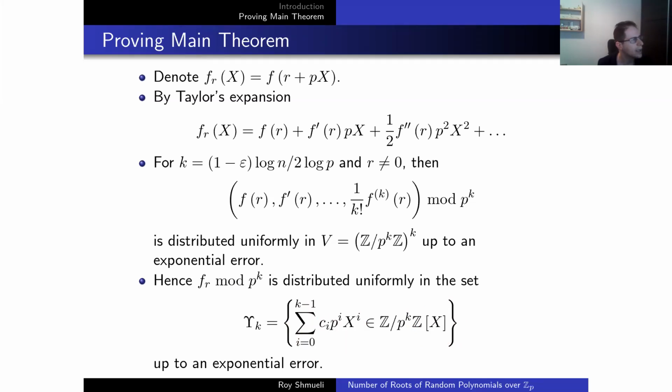The distribution of f_r modulo p to the power of k.